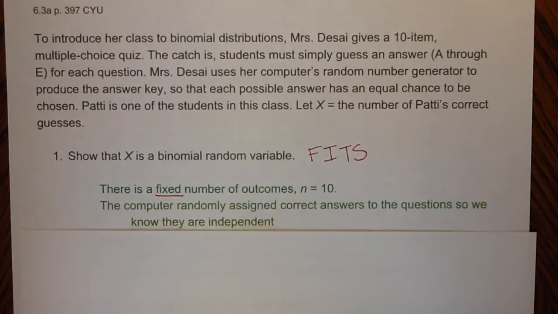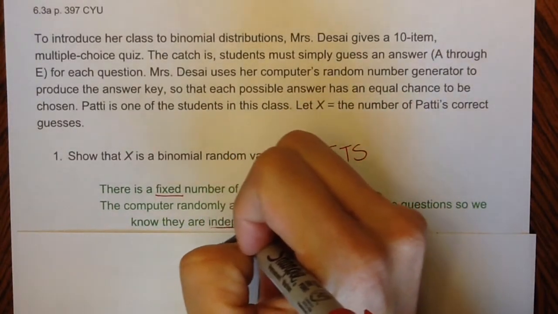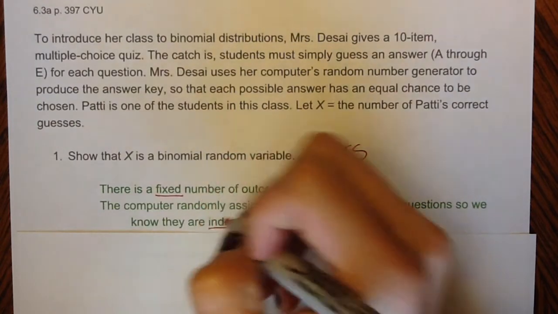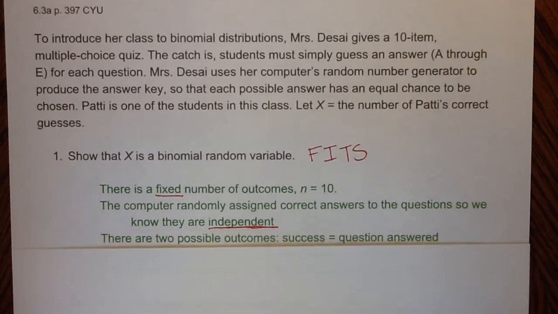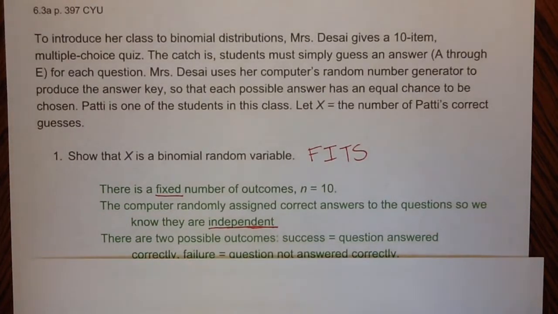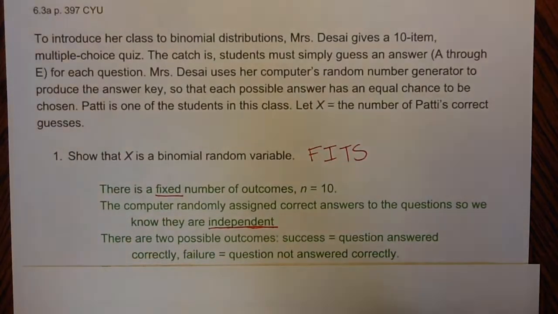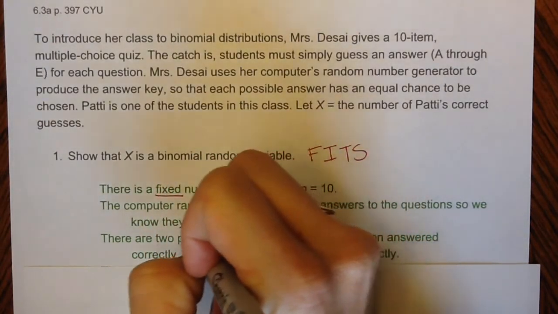Then the computer randomly assigned correct answers to the questions, so we know they are independent, is our next condition. The I in fits is for independent. Our third condition, there are 2 possible outcomes. Success is question answered correctly, and failure is question not answered correctly. So the T in fits stands for 2 possible outcomes.